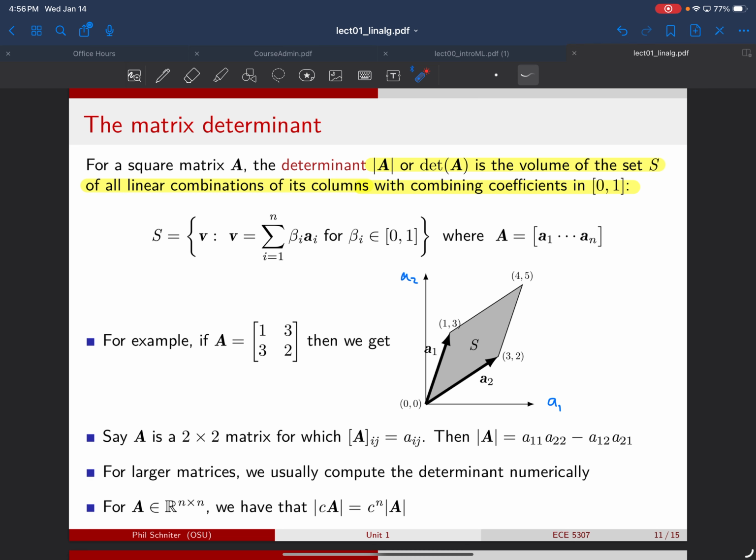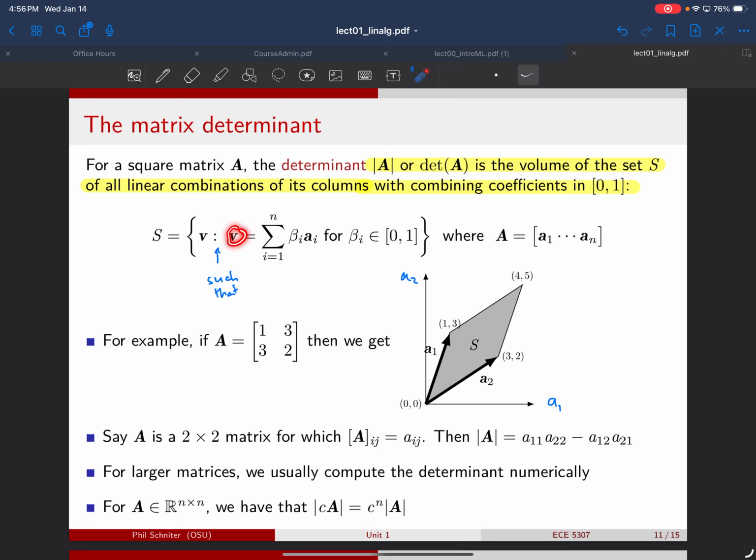Okay. So this is how we would express it with mathematical notation. Let's say that the set S is the set, that's what the curly braces mean, the set of all vectors V, such that V is a scaling of A1, beta 1 times A1 plus beta 2 times A2 plus beta 3 times A3 and so on, where the betas can be any numbers between 0 and 1.